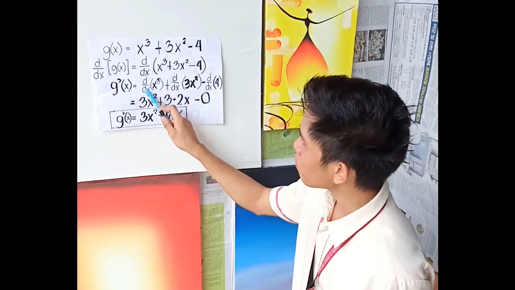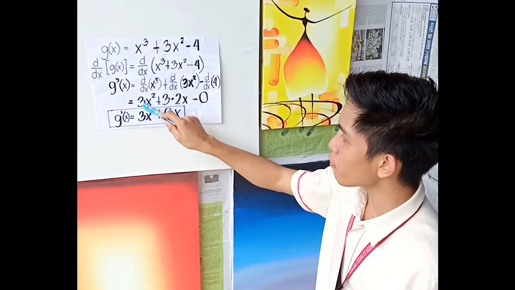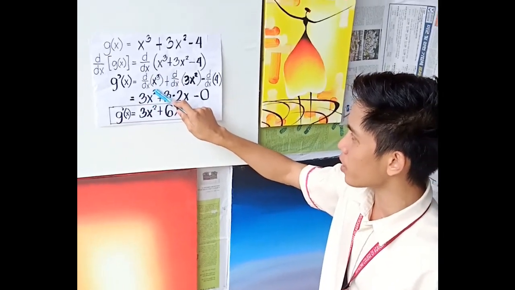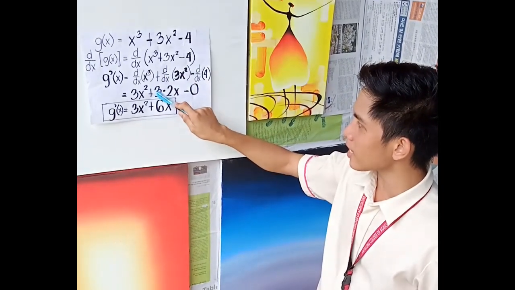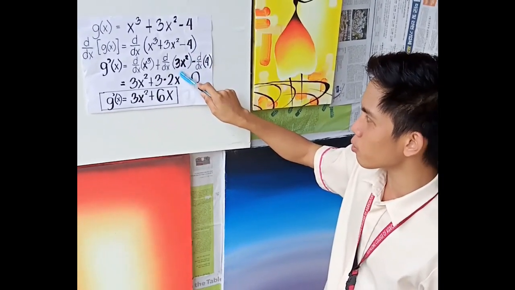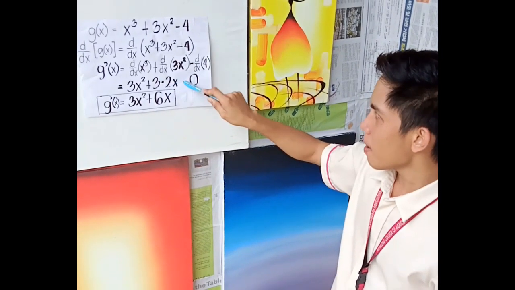The derivative of x to the third power: 3 becomes the coefficient of x, and 3 minus 1 is equal to 2, so we have 3x squared. Plus the derivative of 3x squared: we take 3 times the exponent 2, and 2 minus 1 is just 1, or x. So we have 3 times 2x.